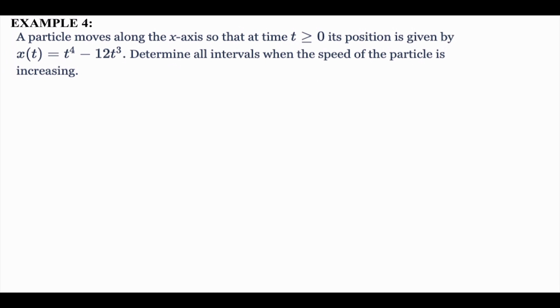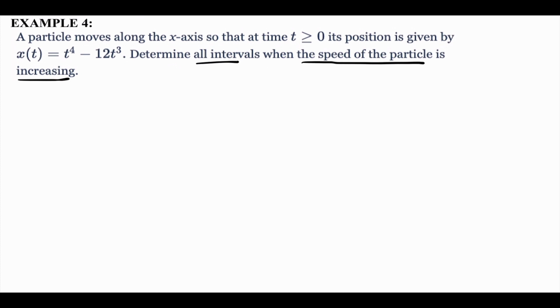Okay, so a particle moves along the x-axis. Time is positive. Its position, again, they've given us position. Determine all intervals when the speed of the particle is increasing. What does that mean? Let's translate. That's a science term.